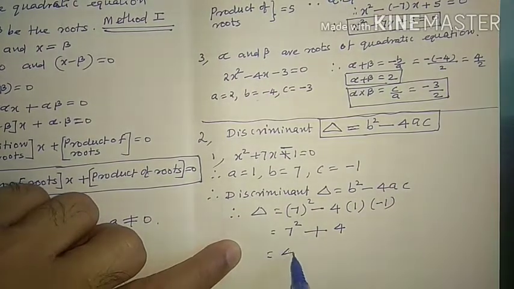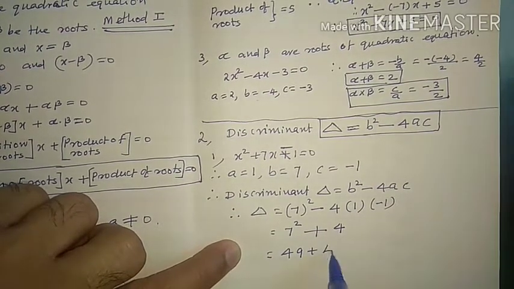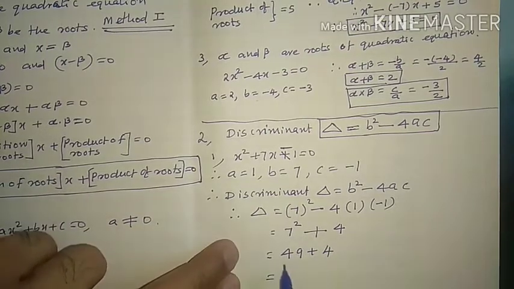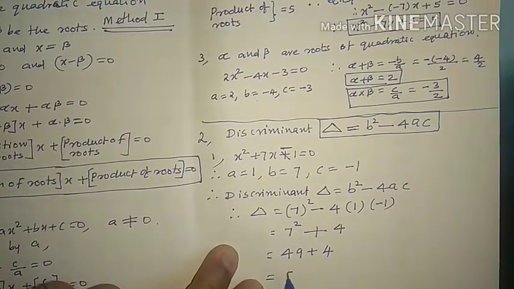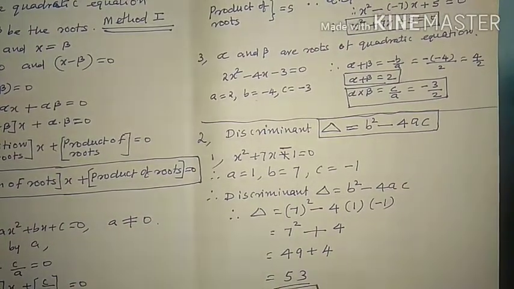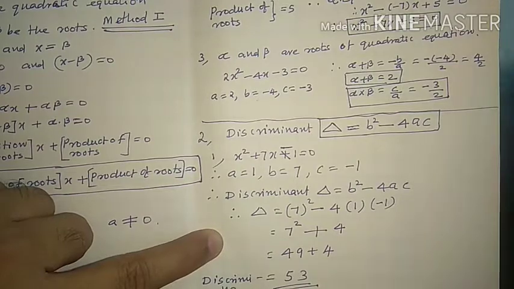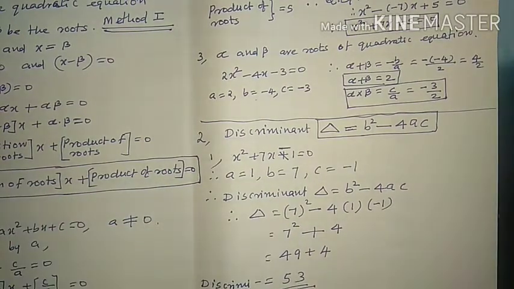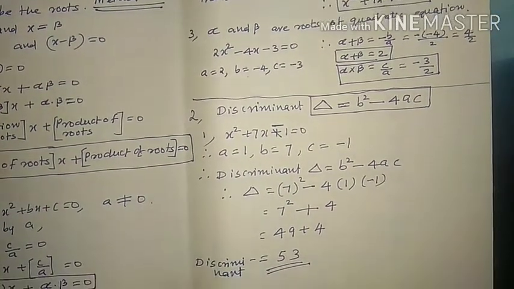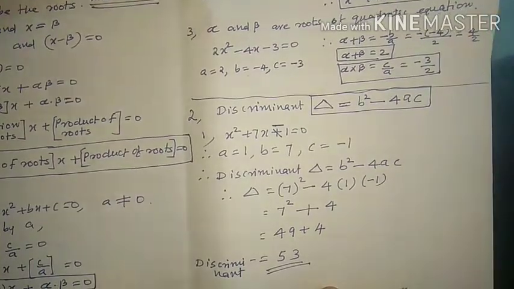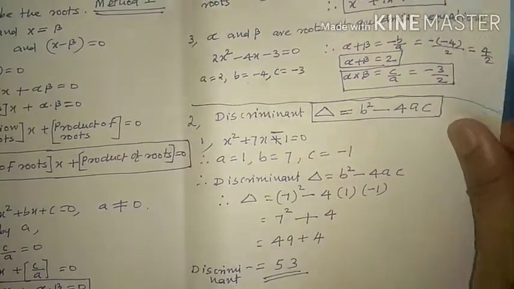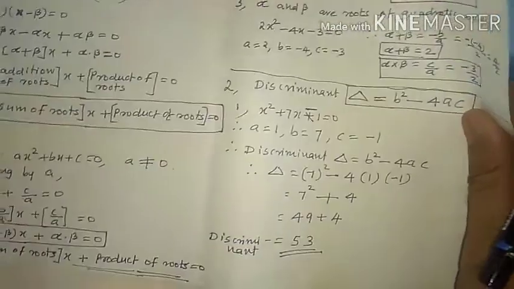This is 7 square, 49 plus 4. How much is it? 49 plus 4 is 53. What is this? The discriminant. Discriminant is 53. This is the first question of question number 2. Please go through it, it's easy.